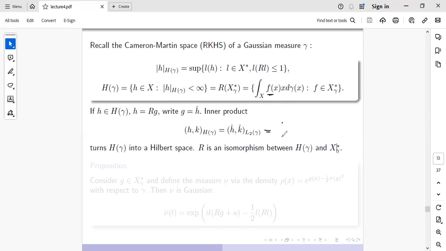So this is the integral of h(x) k(x) d gamma of x. So then the Cameron-Martin space becomes a Hilbert space. Actually, it is isomorphic to the space X star, to the closure in L2 of centered linear functions.